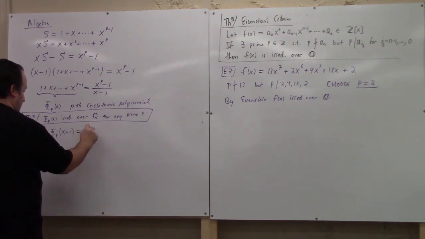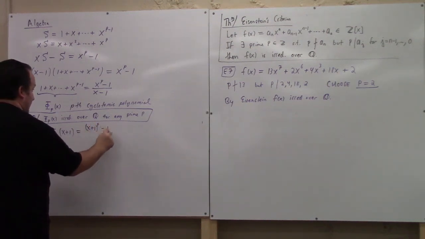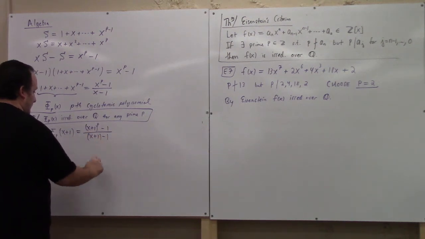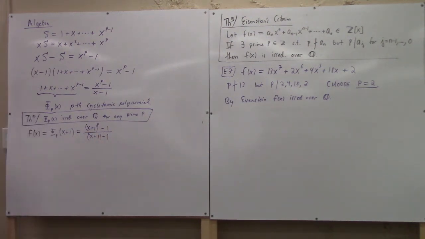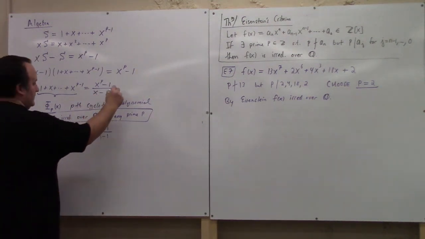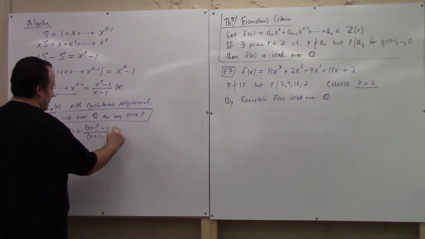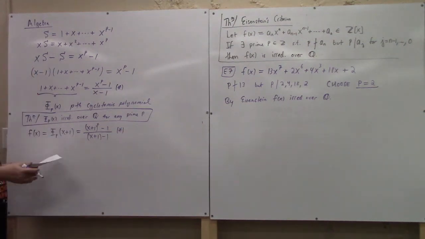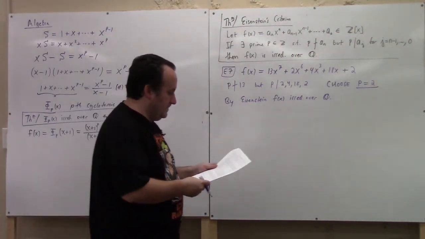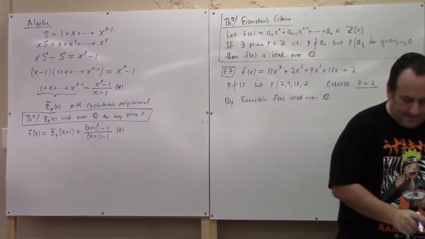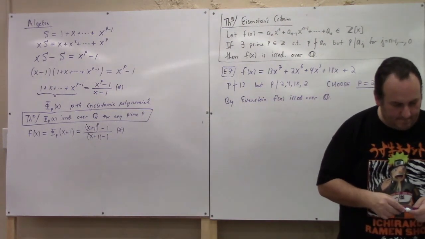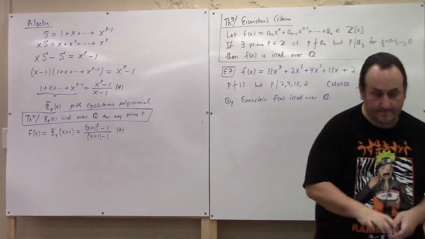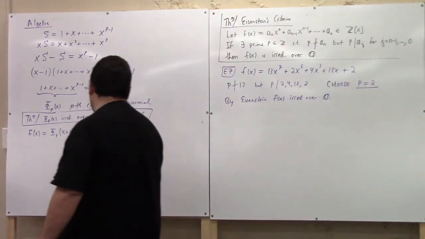X plus 1 to the p minus 1 over x plus 1 minus 1, right? So I'm using star, just replacing x with x plus 1. But then what? You get x plus 1 to the p minus 1 over x.